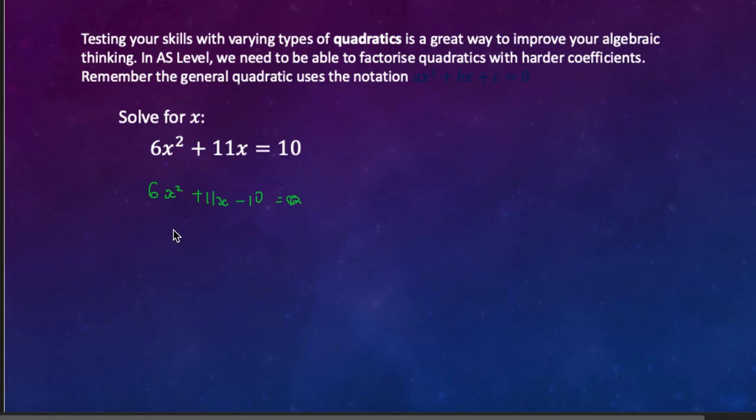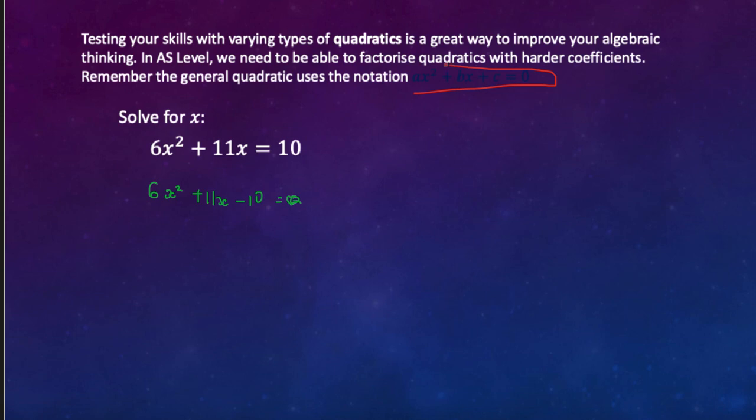Now, when we are using the factorization method, one thing I forgot to mention is that all quadratic equations are arranged in this form, where the 0 is at the extreme right, and there are some letters: ax squared plus bx plus c equals 0.